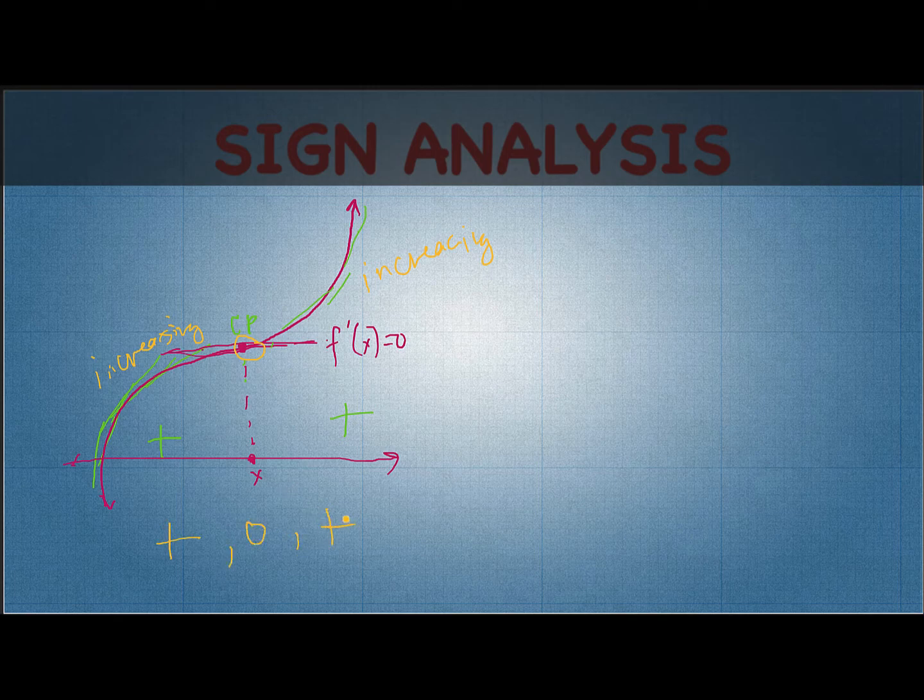So whenever you have positive, 0, and positive, increasing, it does not decrease, so it will produce neither a maximum nor a minimum. So there is no maximum, there is no minimum. If there is no change in the behavior of the graph, it will continue to increase.